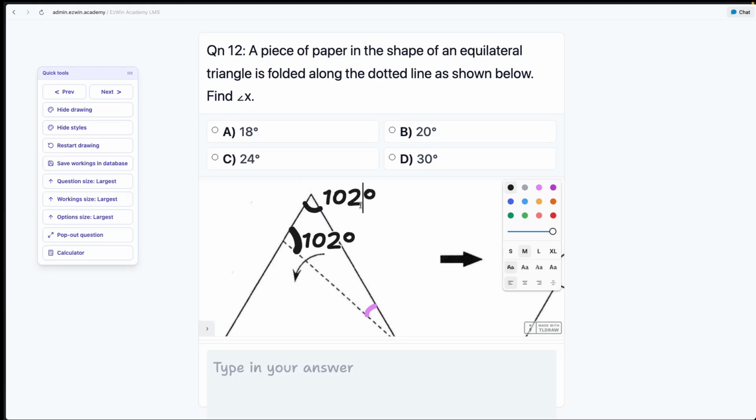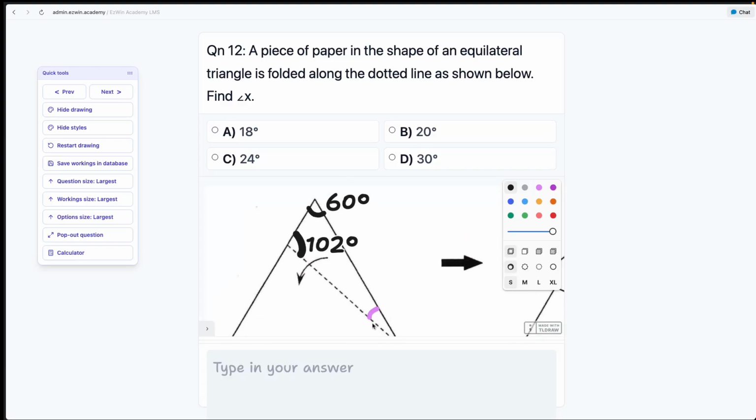So if we know two angles in a triangle, we can find the other angle, which is this purple angle. So what we can do is we have 180 minus 102 minus 60. So 180 minus 102 will be 78 minus 60. And this will give us 18 degrees. So 18 degrees is equal to the purple angle.